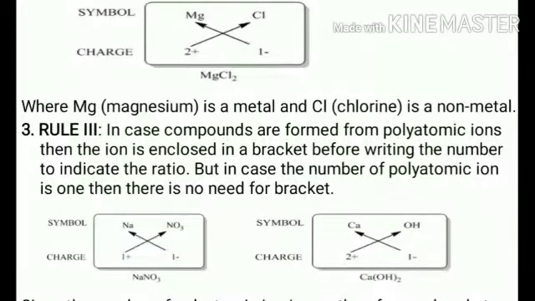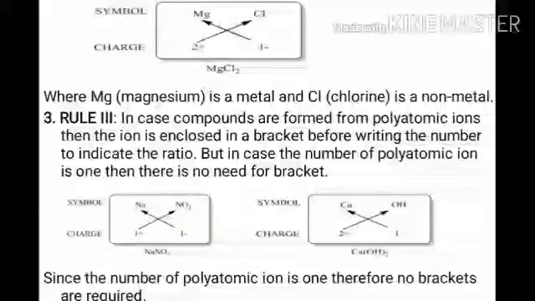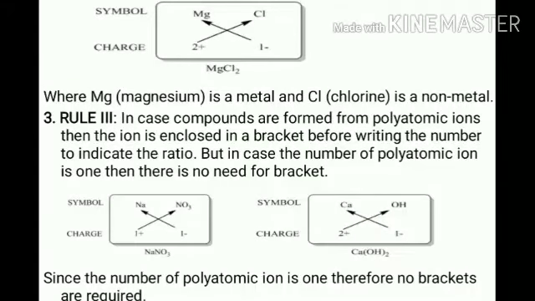Now rule number three: in the case of compounds formed from polyatomic ions. I told this topic in the last video. What is the meaning of polyatomic ions? The ion is enclosed in a bracket before writing the number to indicate the ratio. But if the number of the polyatomic ion is 1, then there is no need for a bracket.